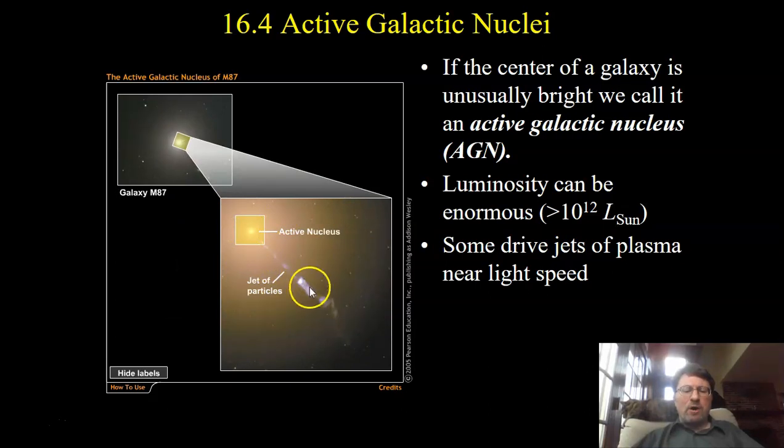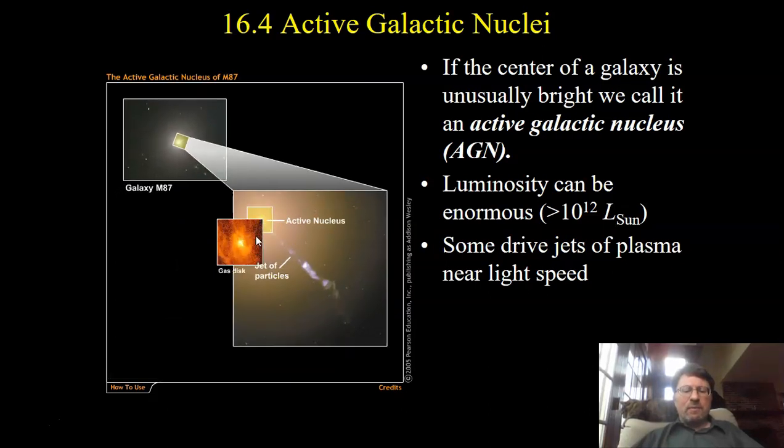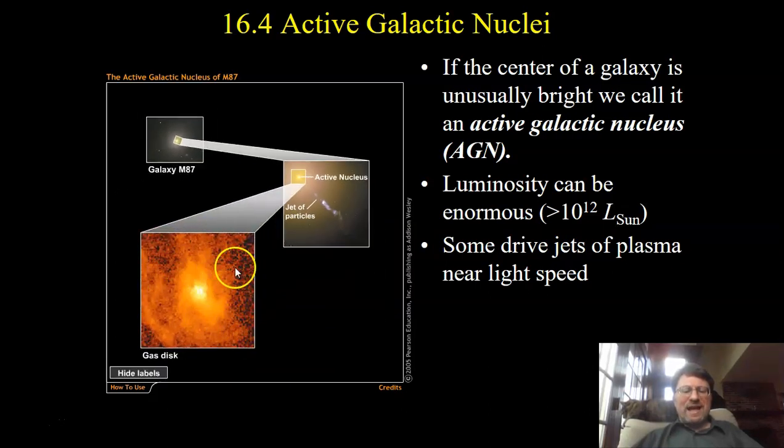There's a jet of particles coming out from it. If we zoom in closer, remember, there's that gas cloud. We had talked about that before in the context of measuring the speed that that gas cloud orbits at, and thereby being able to determine that there's a black hole at the center that's billions of solar masses. And that's going to be a clue here. All of these active galactic nuclei we'll discover are being powered by supermassive black holes.